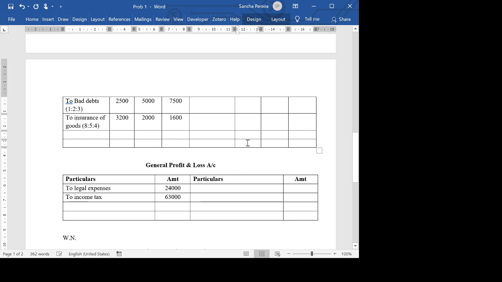First total, again we have a net profit here. The total here is 4,28,000. Then there is 8 lakhs 26,000, and we have 9 lakhs 66,000.